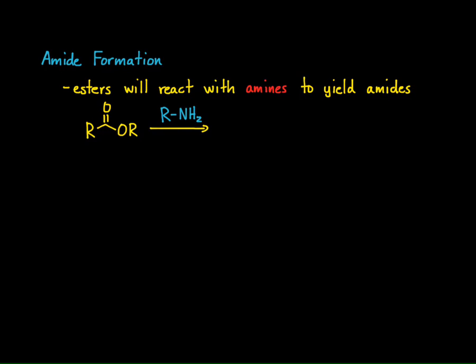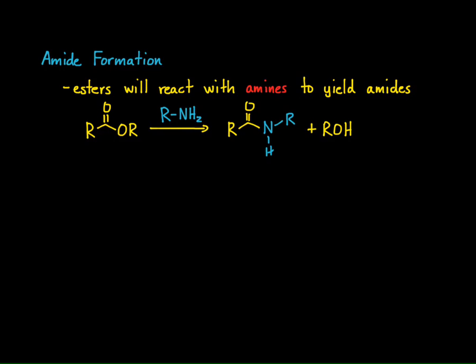Esters will react with an amine and you generate an amide plus the alcohol. So OR is coming off and then it can get protonated. These are generally done with some acid catalyst. Sometimes a basic catalyst, it's going to kind of vary and it's not really crucial to understand.